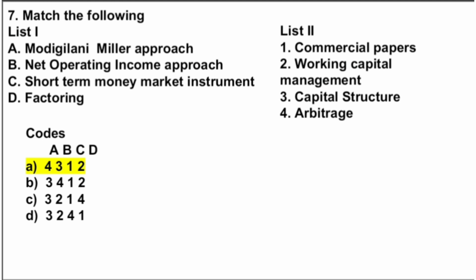Then the short-term money market instrument is related to commercial paper, because commercial papers are unsecured promissory notes to raise short-term funds. And factoring, as we said earlier, is related to receivables management, which is also related to working capital management. So here the answer is option A, that means 4312.